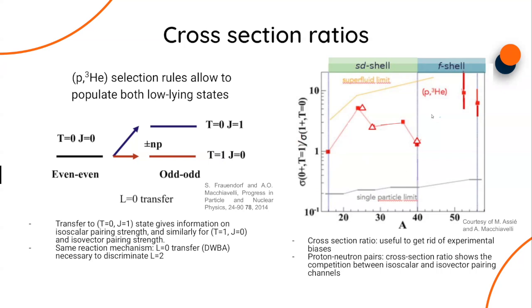Here I'm also showing some results that have already been obtained in the F shell, in nickel-56 and iron-52. And the nucleus that is interesting for us is chromium-48, which is in the middle of the F shell. Since we are in the middle of the F shell, we expect to see some kind of superfluid behavior, like what we saw for the tin isotopes.